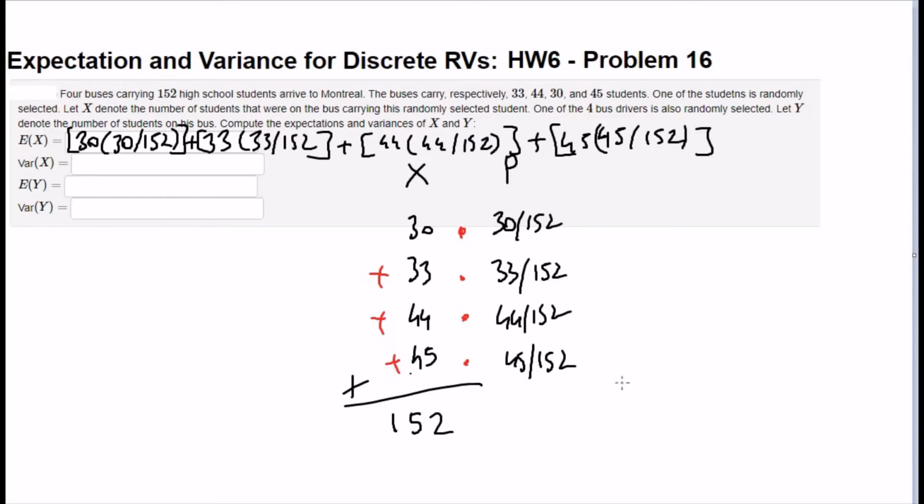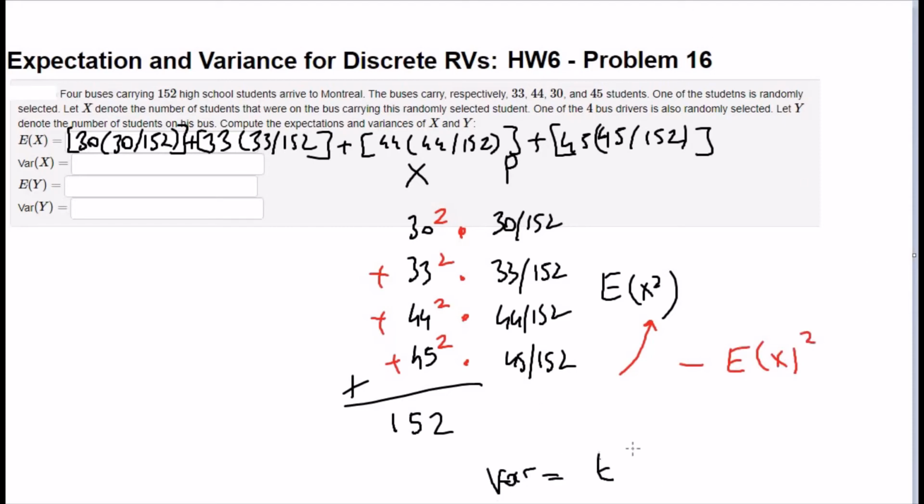For variance, we need to find the expectation of x squared. And expectation of x squared is when we square them and then multiply by the probability. And that number will be our expectation of x squared. And we're going to deduct from that the square of the expectation of x. So variance by definition is expectation of x squared minus the expectation of x, the quantity squared.